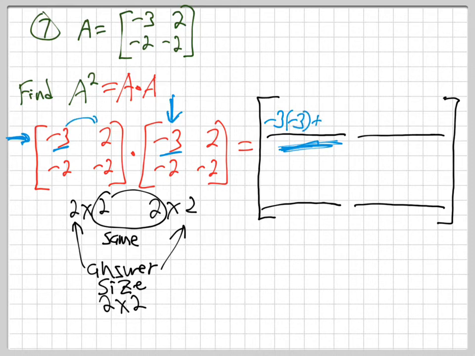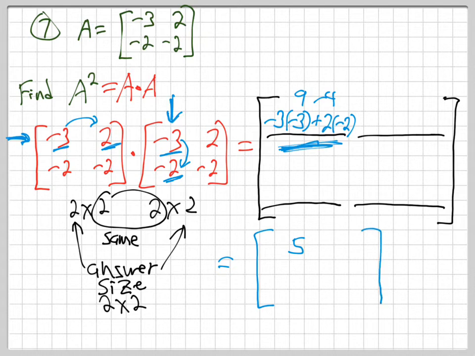And then you jump right and jump down. Remember, you're always moving to the right and down. So 2 times minus 2. So we can figure that out right now, I guess. What number is that? So it's 9 minus 4, that's 5. Okay, we got the upper left-hand corner.